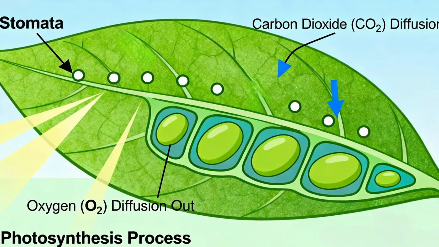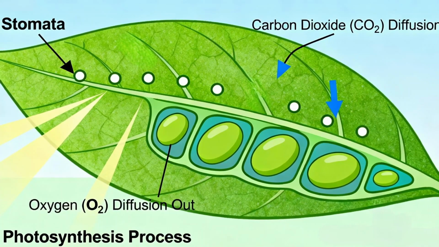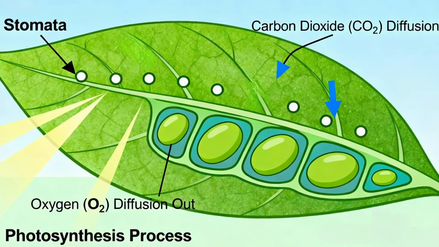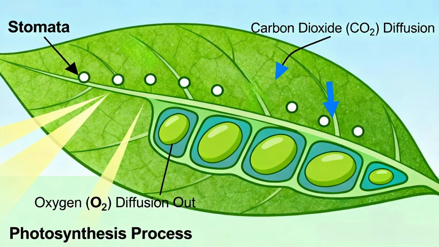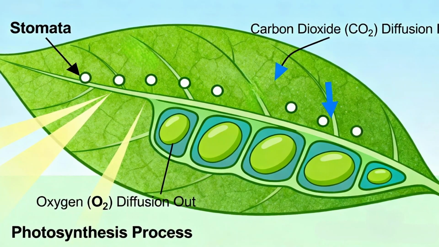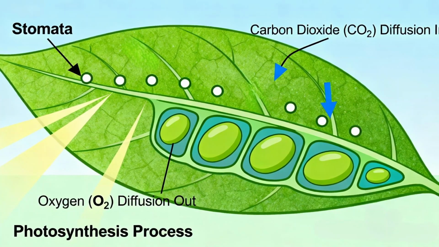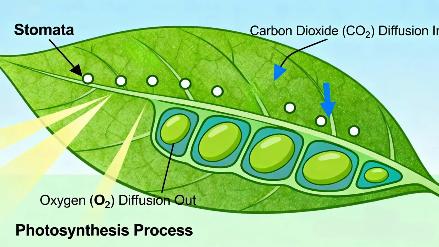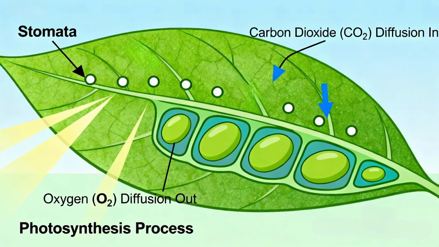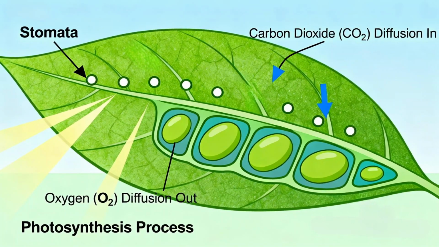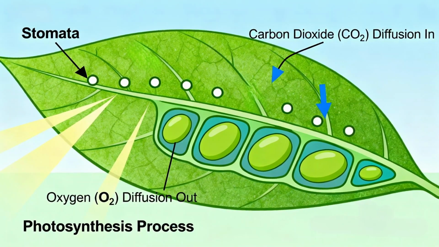So this carbon dioxide will just diffuse through the stomata. The stomata are small openings in the leaves of plants where this gas diffuses into the plant. That happens through diffusion.